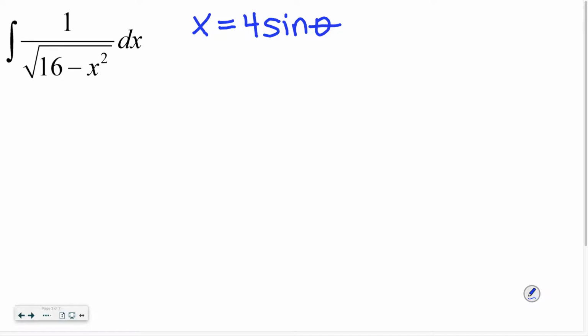Here's our right triangle with an angle of theta. What is our sine ratio? Our sine ratio is x over 4. Sine of theta equals x divided by 4. Which means our Pythagorean theorem is the square root of hypotenuse squared minus leg squared.